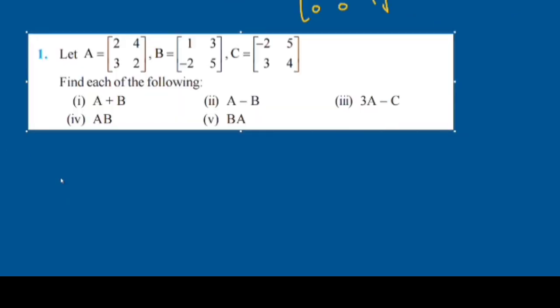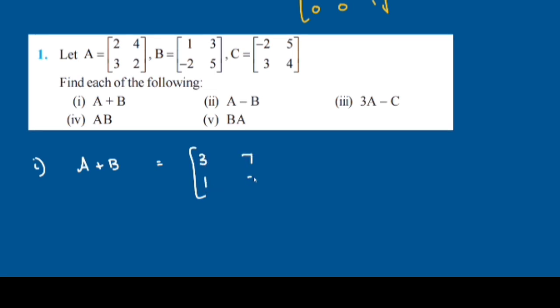First one, you have to add two matrices A plus B. So just check whether the orders are equal. Here they are equal. Matrix A is of order 2 by 2. Matrix B is also of order 2 by 2. So we can just add them. So what is the addition? 2 plus 1 is 3, 4 plus 3 is 7, 1, 7.